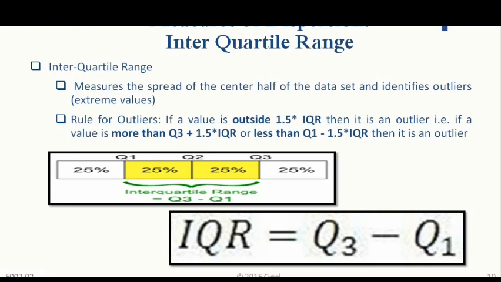So you concentrate on the middle 50% of the data and find the difference between its maximum and minimum value. That gives you the interquartile range. So this is another measure of dispersion, used whenever the data is affected by extreme observations.